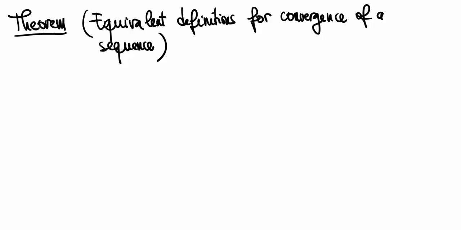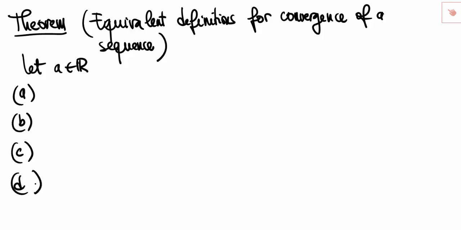Let us now look at some conditions which are equivalent to our formal definition. Let A be a real number, then all 4 of the following statements are actually equivalent. Let me list them.